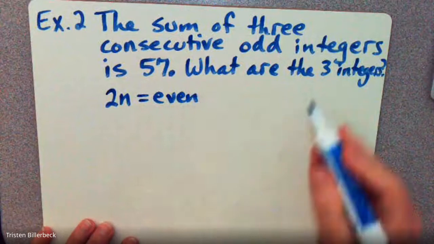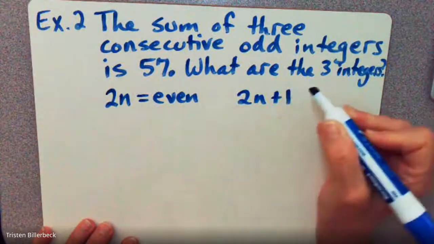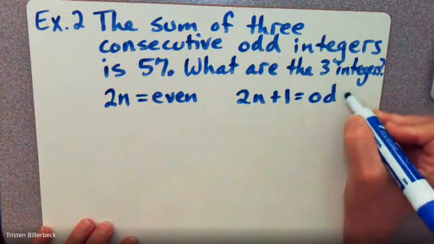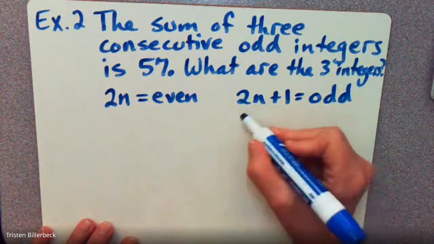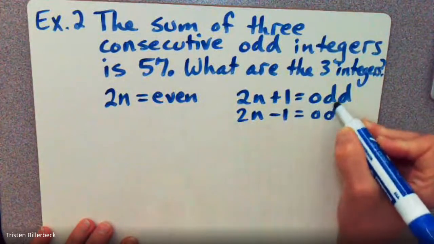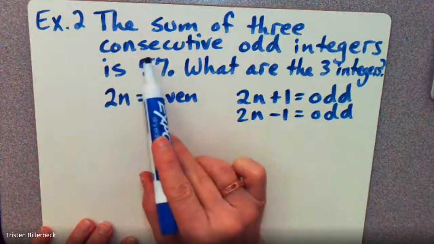Okay, so if we want it to be odd, we're going to do 2n plus 1, or 2n minus 1 would be odd. Okay, so either way, we could get an odd number there. So that the same would be 2n minus 1. That could be another way to write an odd. Both ways work.